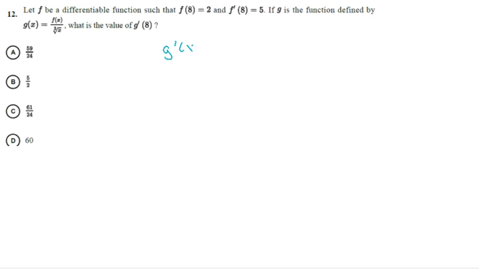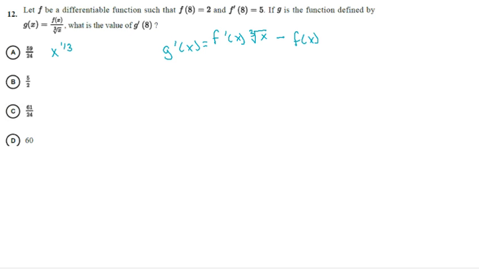So G prime of x is going to be f prime, the derivative of our numerator, times our denominator, minus our numerator function times the derivative of our denominator function. So let's go ahead and write, we have x to the 1/3.